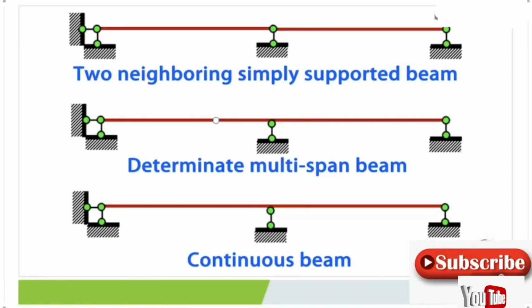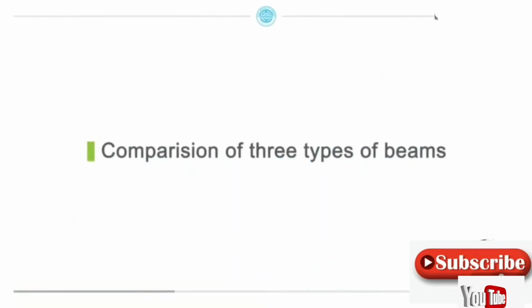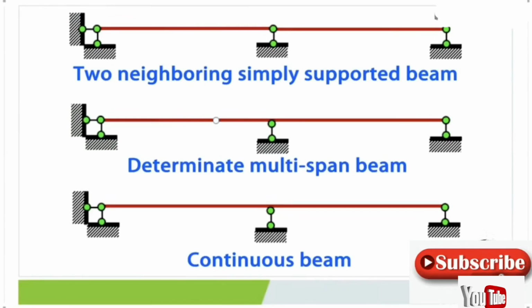Actually, different constraints will affect the internal forces and the reactions of the beams. Today we discuss the comparison of these 3 types of beams. Suppose these 3 types of beams have the same spans and are under the action of the same external loads.